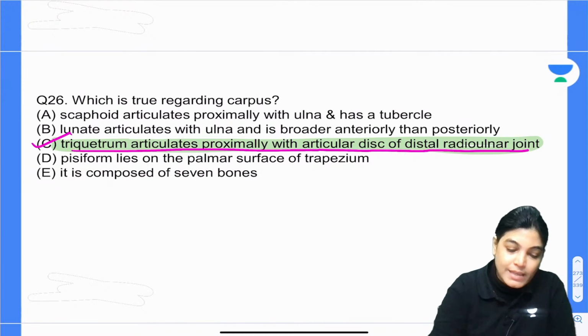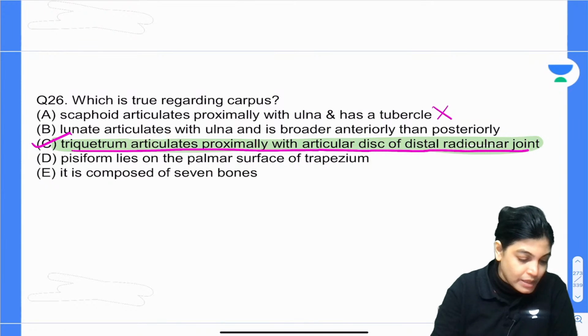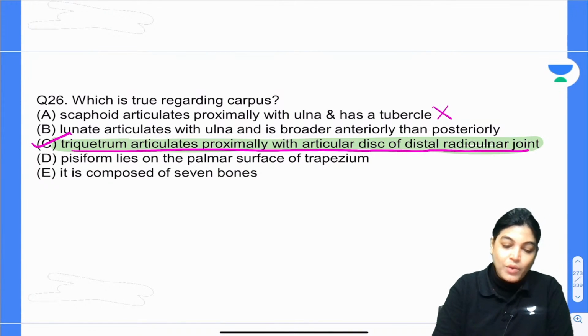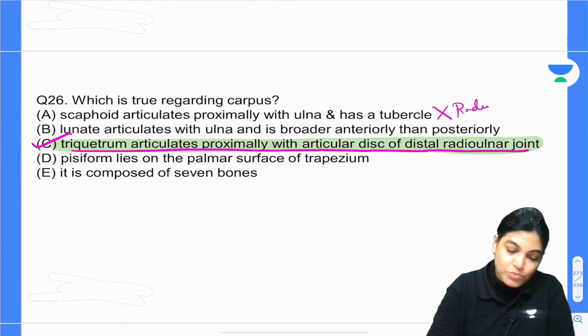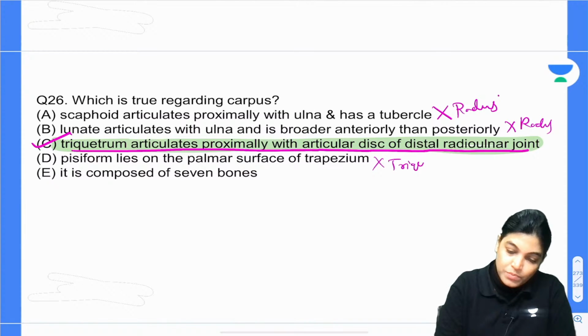Scaphoid articulating proximally with ulna is absolutely wrong. Scaphoid articulates with the radius bone, not with the ulna. Lunate also articulates with the radius bone. Pisiform is resting on triquetrum, and there are 8 carpal bones, not 7.